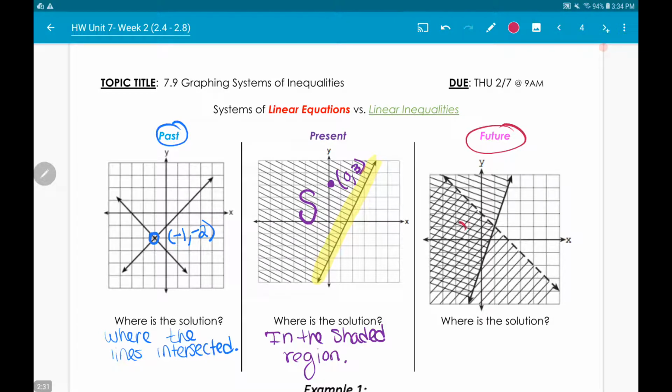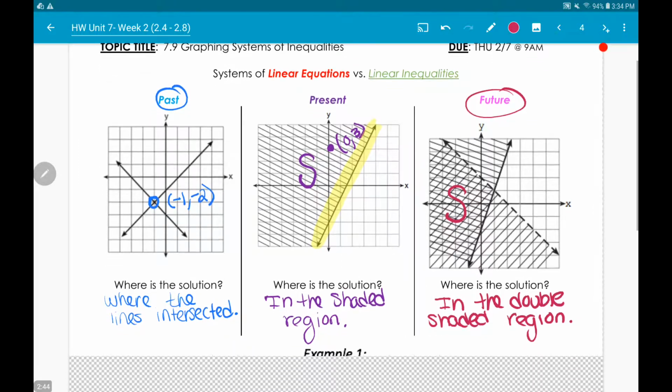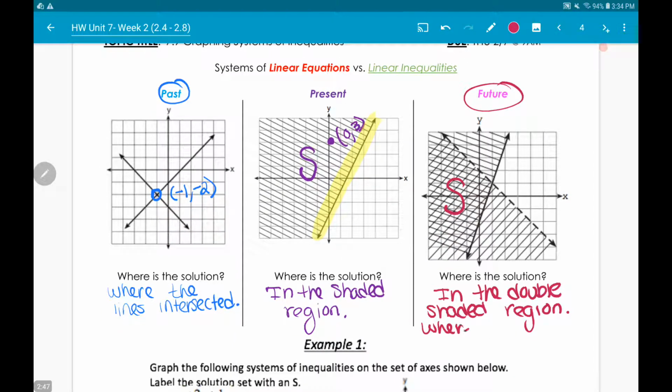The solution is going to be in the double shaded region. So now we're looking at essentially where the shading intersects. So that means I can pick any point inside this shaded space.